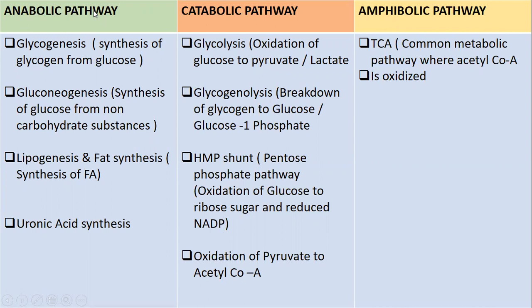Anabolic means the metabolic pathway that constructs molecules from smaller units, like very small units combined to form a larger unit. In this anabolic pathway, we have glycogenesis, that is synthesis of glycogen from glucose.